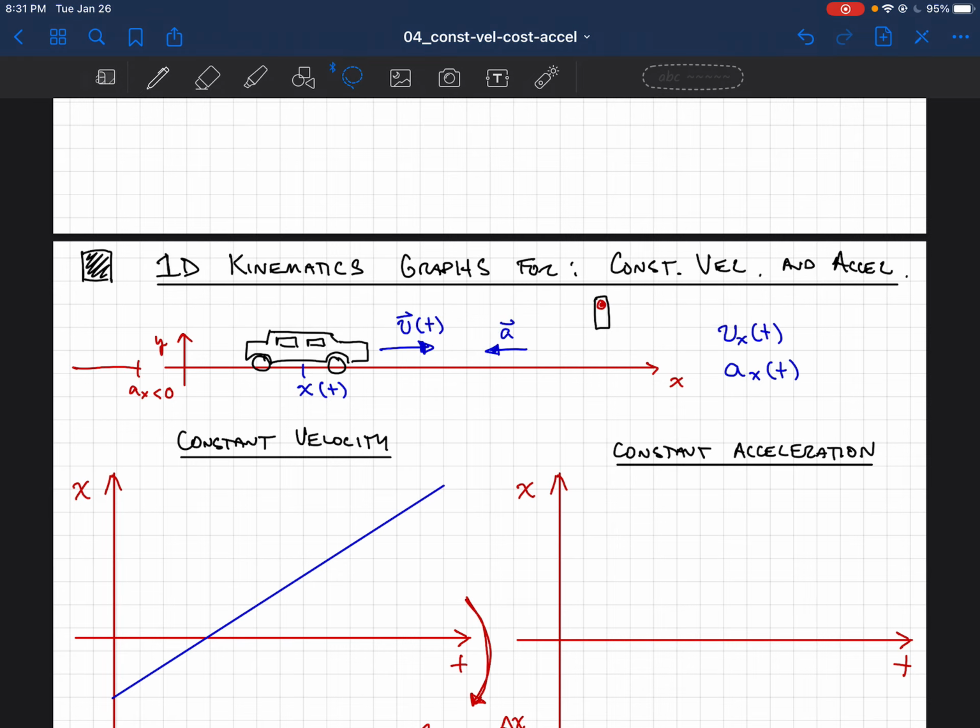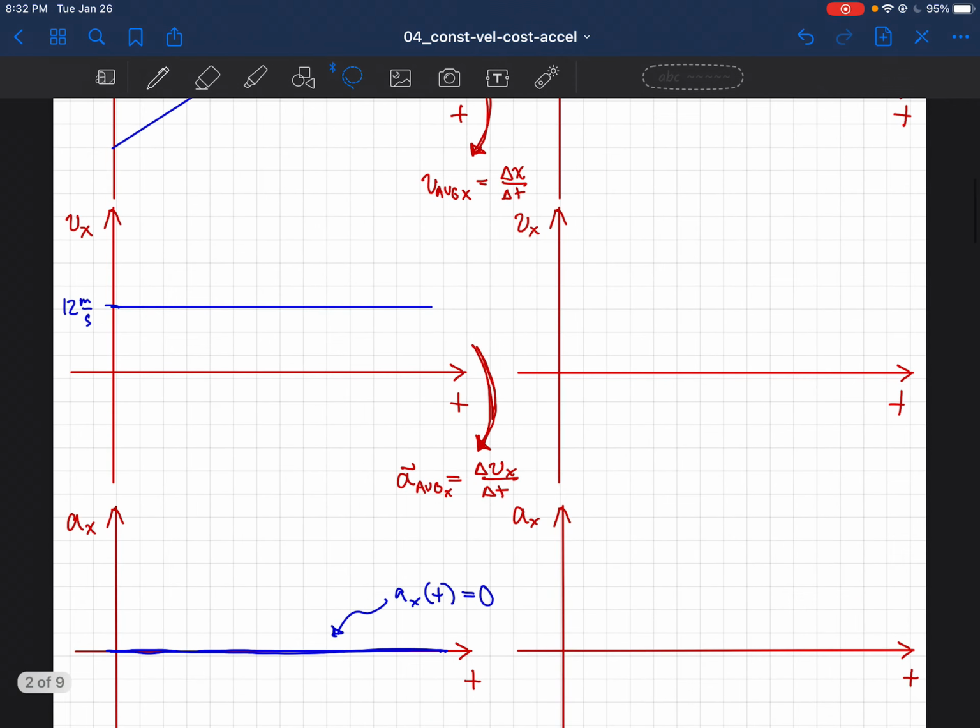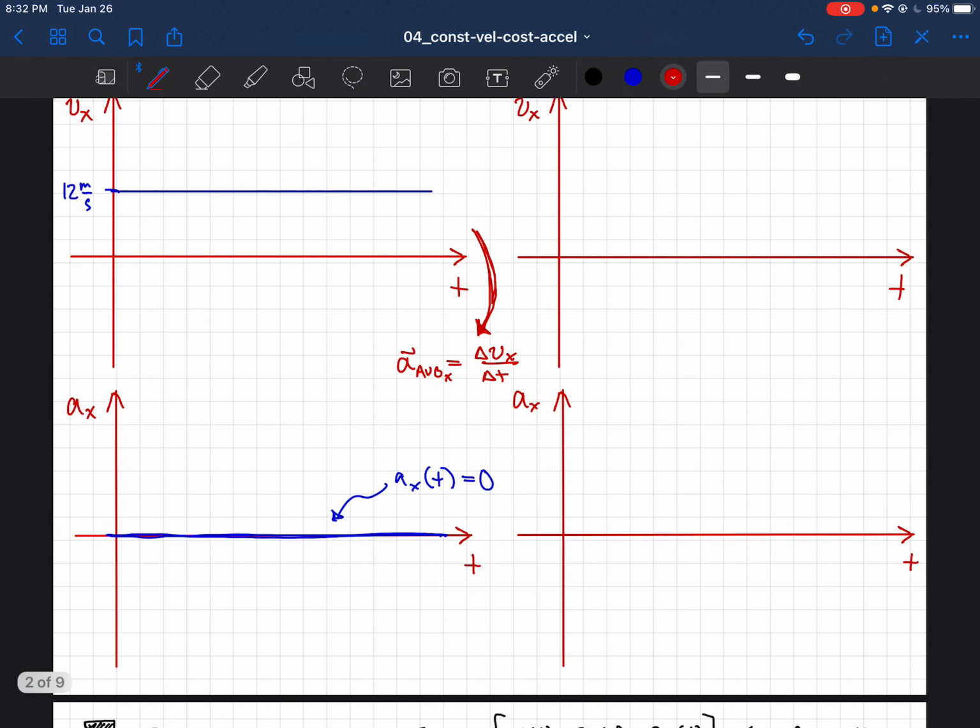And it turns out that if that's the case, then the acceleration is the opposite direction of the velocity vector. And if my position axis goes forward and the acceleration goes backwards, then ax will be negative. So let's see what happens if we do that. So we choose our acceleration to be some negative value, everywhere negative.